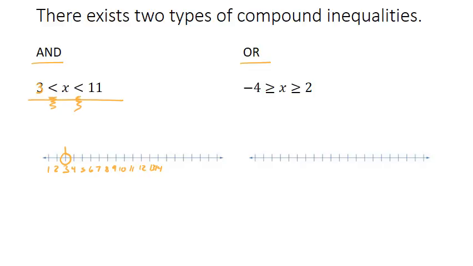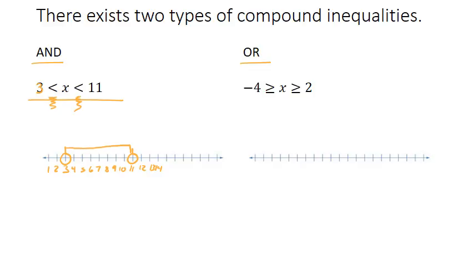But in this compound inequality, it also says that x is less than 11. So at 11, I'm going to do a circle, keep it open because there's no equal sign. Less than is to the left. Notice what happens. What the two arrows would have been doing, pointing to each other, ends up creating this region when you look at it all together.